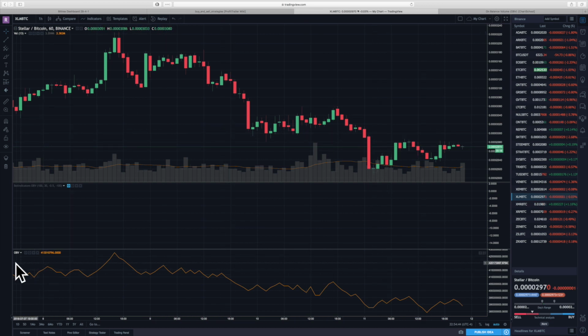Just to give you a demonstration here, this curve that you see down here, this orange line, this is the OBV indicator that is included with TradingView. I put it up here to give you a look at the difference between how ProfitTrailer calculates OBV and uses it versus how it is displayed natively on TradingView.